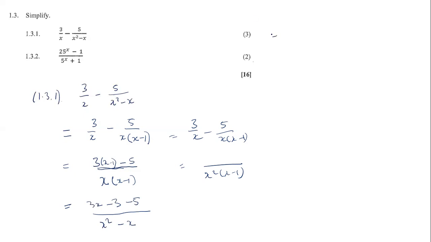Therefore, the final answer at the top is 3x, negative 3, negative 5, which is negative 8. Divide by x squared minus x. Can I further factorize this? No, we cannot. Therefore, this will be your final answer. For 3 marks, this will be your final answer.